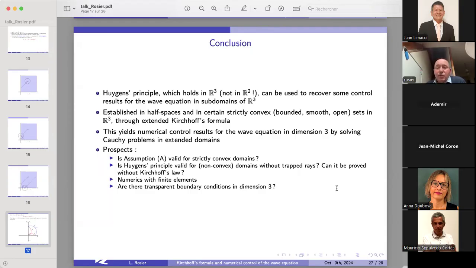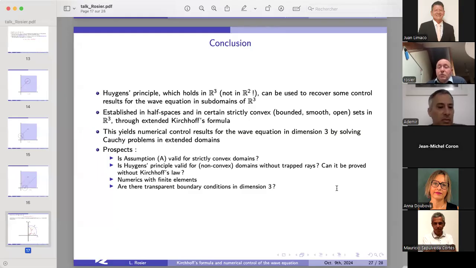It was joint work with Carole Rosier, and we also extended it to certain strictly convex domains by first proving some extended Kirchhoff formula. This approach gives numerics for the control of the wave equation in dimension 3, which is quite difficult to do. If we try to do it with HUM, you can have some difficulty because it is dimension 3.